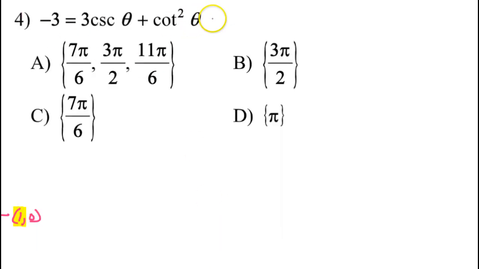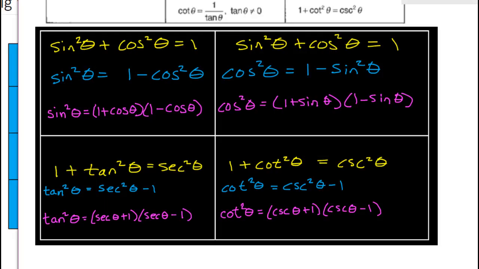I think I will just replace cosecant squared with 1 plus cotangent squared. So if I do that, I'm going to have negative 3 is equal to 3 cosecant, plus, wait, we have cotangent squared. So I misspoke a little bit.